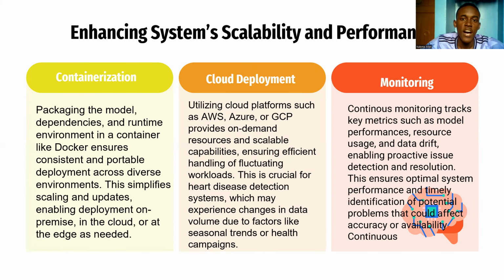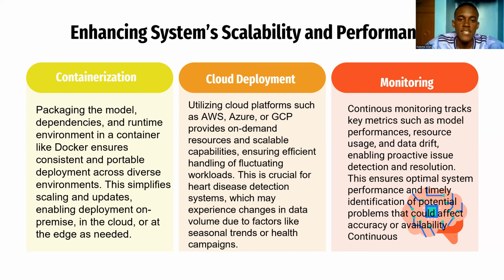We also seek to enhance the scalability and performance, and we can do this through containerization, cloud deployment, and monitoring. Containerization, in this sense, is where they package models, dependencies, and runtime environments in a container like Docker, which ensures consistent, portable deployment across diverse environments.